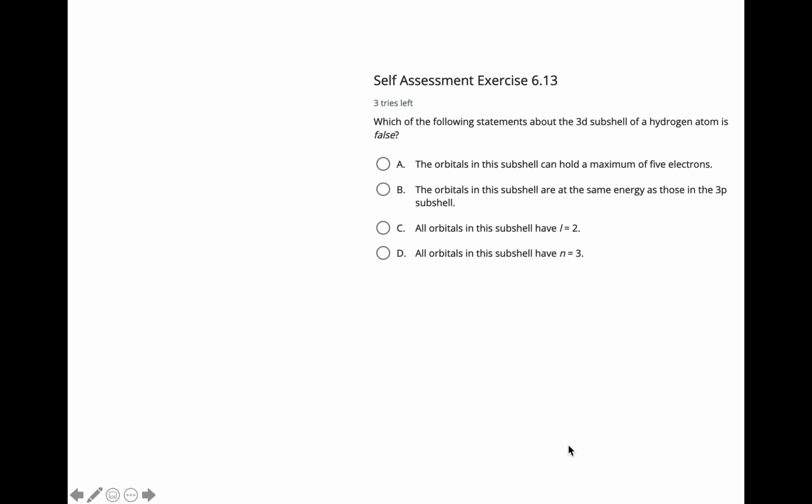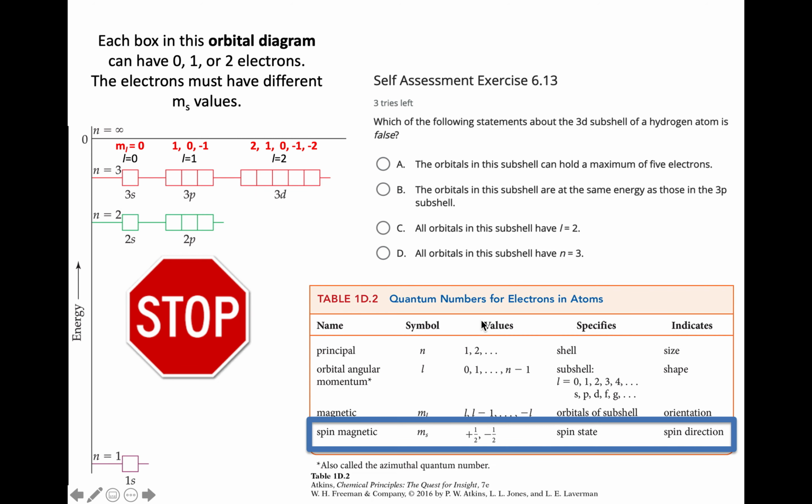Let's consider this question. Which of the following statements about the 3d subshell of a hydrogen atom is false? Let's recall each box in this orbital diagram is where the electrons are placed. This is called an orbital diagram when you have the different boxes that would be shown to hold electrons.